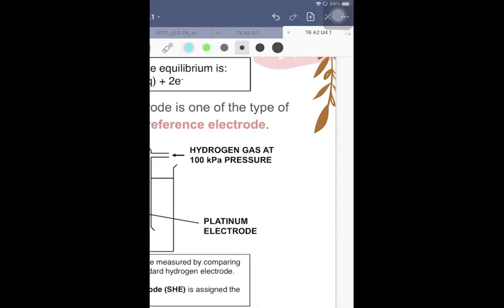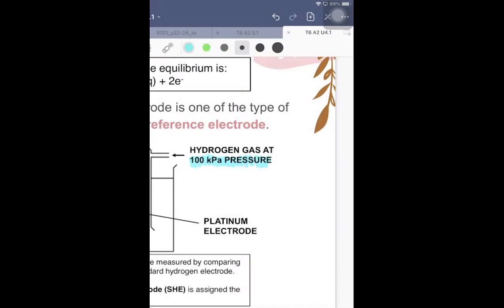The second condition is our pressure, because we've got a gas here. Therefore, our pressure must be standard, which is atmospheric pressure, 100 kilopascal or 1 times 10 to the power 5 pascal, or 1 atmosphere. It's the same thing.